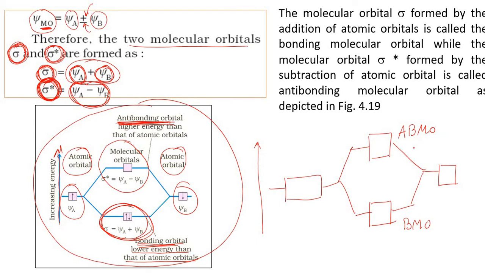Anti-bonding molecular orbital is represented by sigma star, which is psi of A minus psi of B, and bonding molecular orbital is represented by sigma, which equals psi of A plus psi of B. You have to remember, bonding molecular orbitals are formed by addition, whereas anti-bonding molecular orbitals are formed by subtraction of wave functions, right?